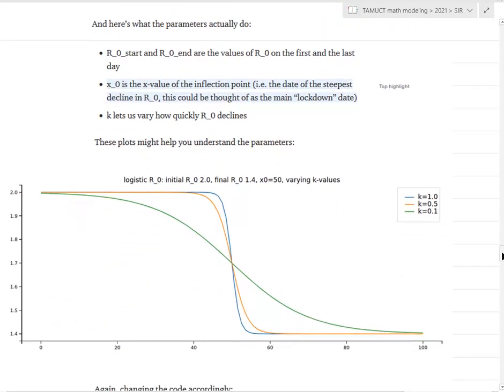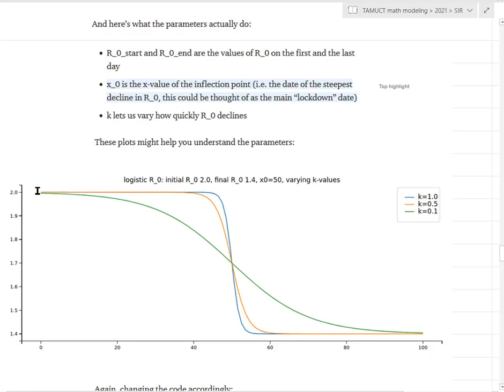So here we're looking at different cases of models of R. So for instance, starting out, R is 2. Now, just to give you a perspective, the R for COVID, I believe the R for the Delta variant is something like 5, and the R for the original is something like 2, something like that. So these numbers are quite realistic.